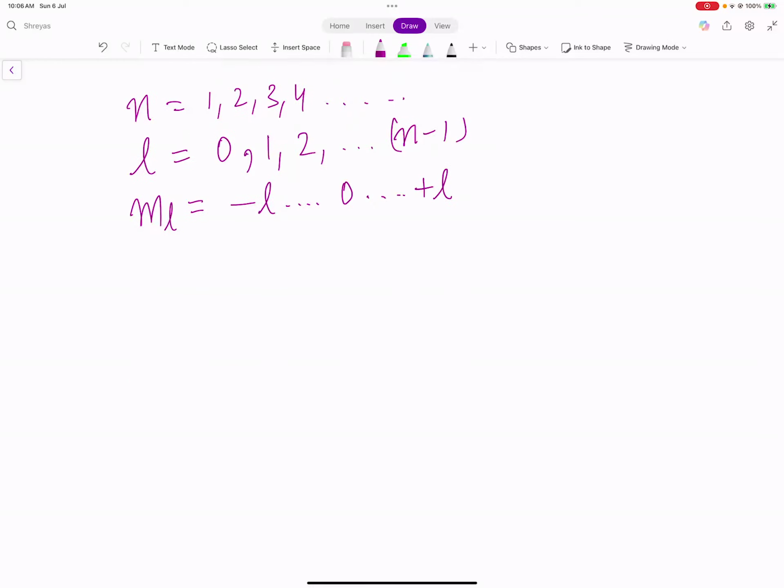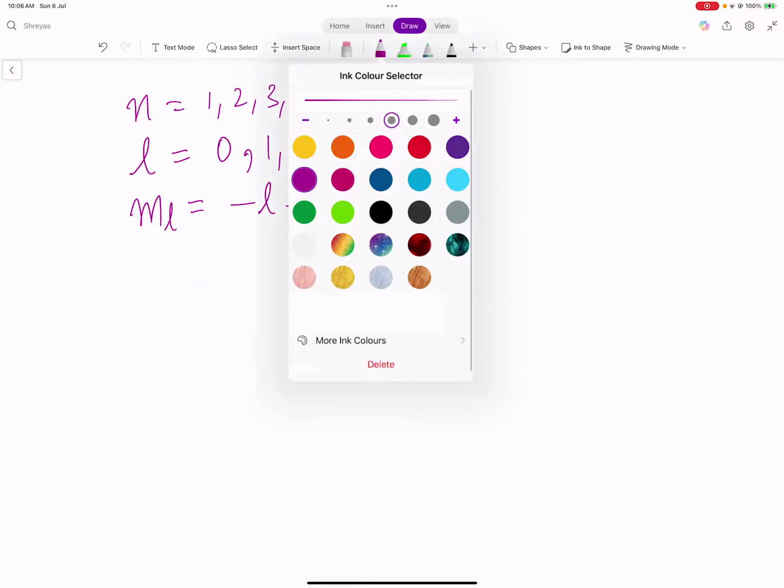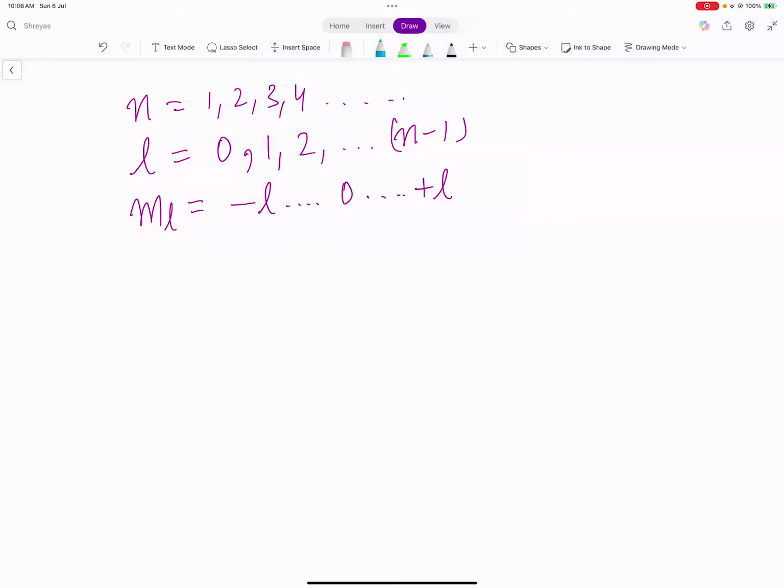And we also said that L value gives us specific information. And what is that? L and orbital, right?